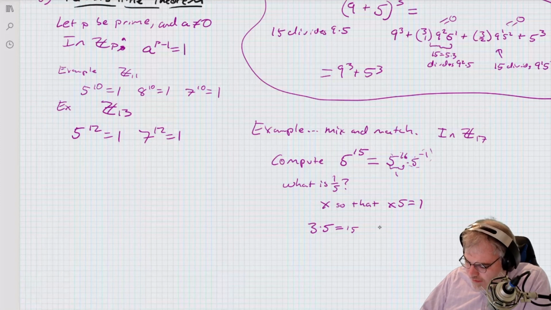Let's do it again. 4 times 5 is 20. 20 minus 17 is 3. That's not it. I'm looking for 1. Let's see. 5 times 5 equals what?